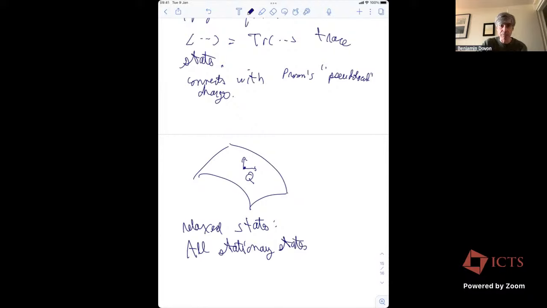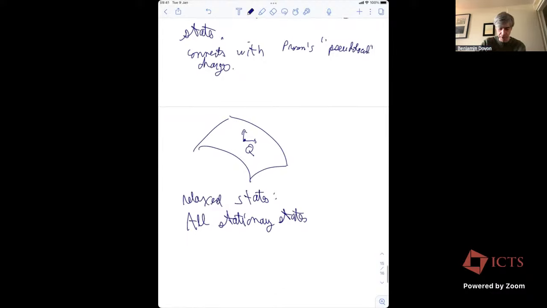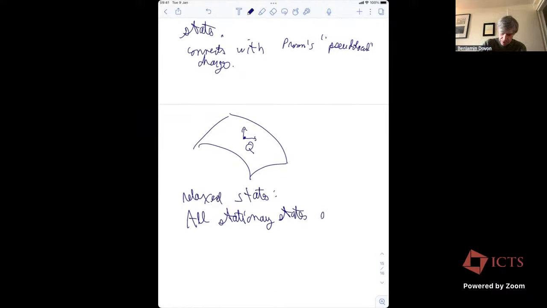stationary in space and time. So it's normal, because locally things have relaxed and nothing moves too much in space and time locally. Stationary states such that correlations vanish fast enough in space.